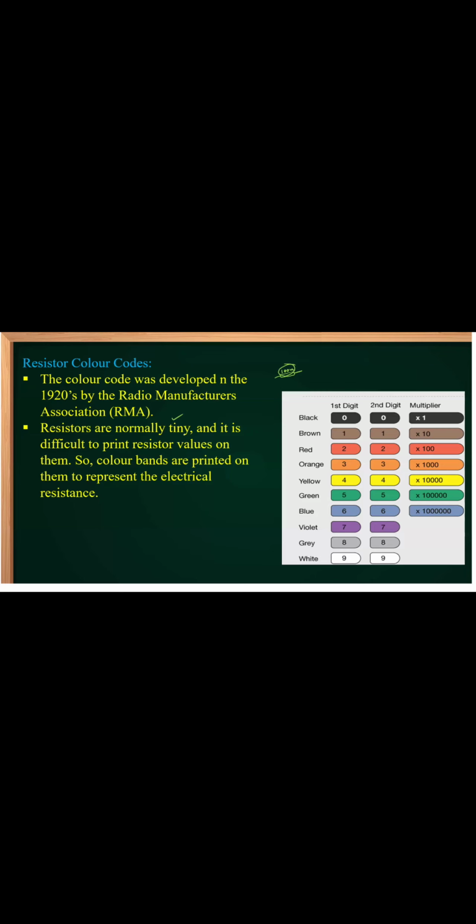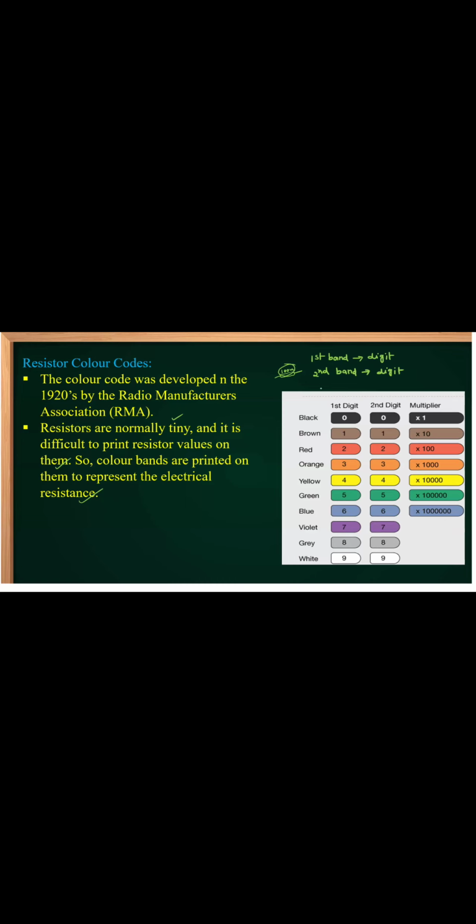Resistors are normally tiny and it is difficult to print resistor values on them. So color bands are printed on them to represent the electrical resistance. According to color bands only, you have to calculate the resistance values. The first band indicates the digit. The second band also indicates the digit.